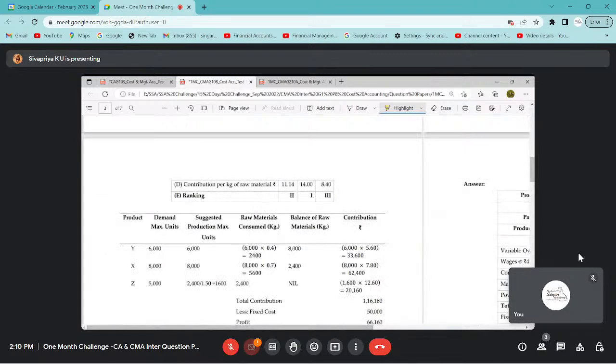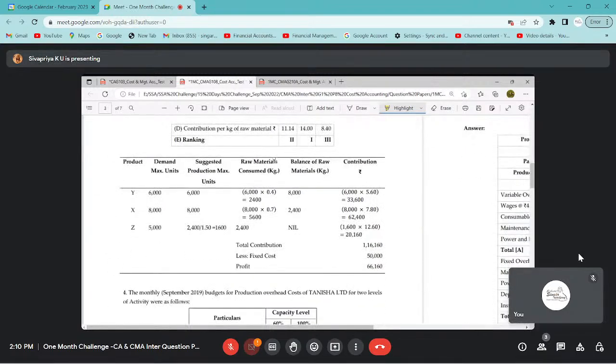Contribution per kilogram of raw material, which is the limiting factor, is 11 per limiting factor. The highest is the first one, 14. So product Y has to come first, X is second and Z is the balance.